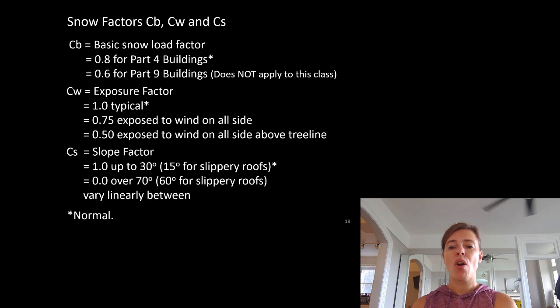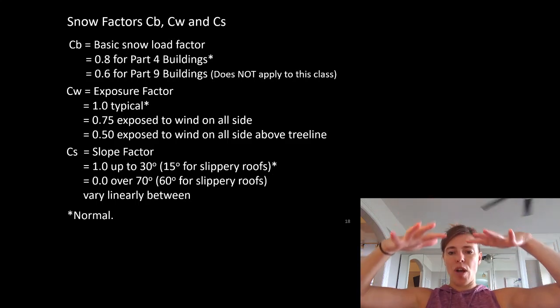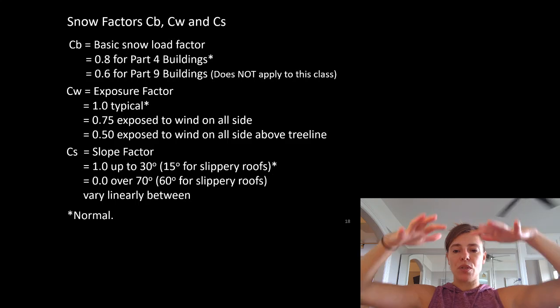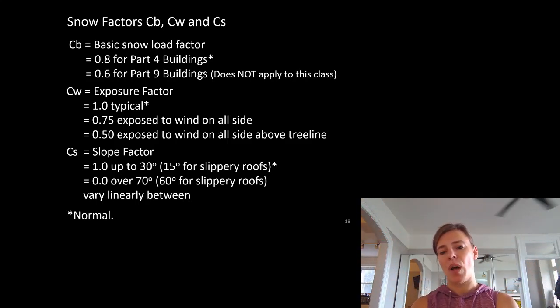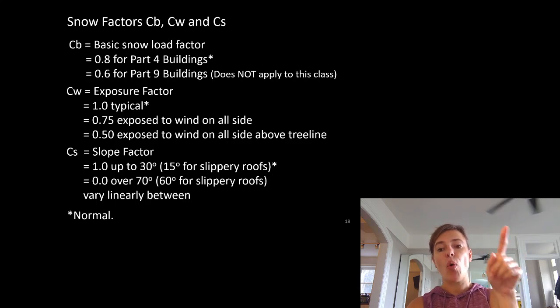CB is saying that our snow is coming down on top of our building. And most buildings are small enough that when that snow comes down, some of it comes off the building and hits the ground. So on the ground, it can only go to more ground. On the roof of a building, some of it can get down to the ground. It's beyond the scope of this course, but on really, really large buildings, that CB factor might change and go up to 1.